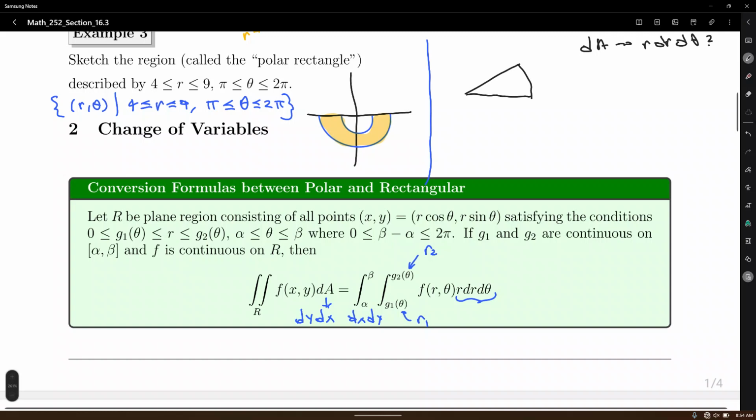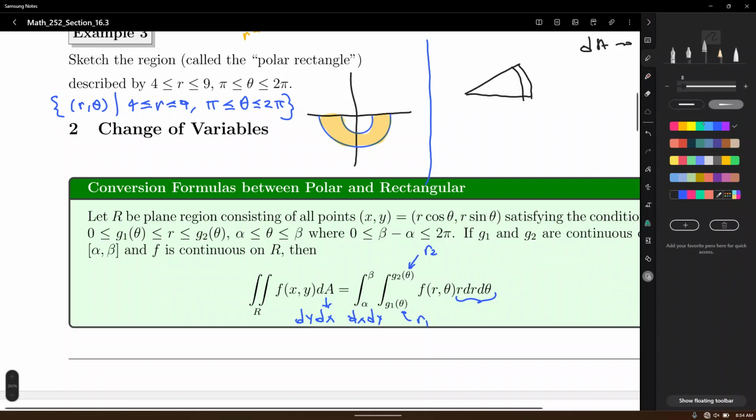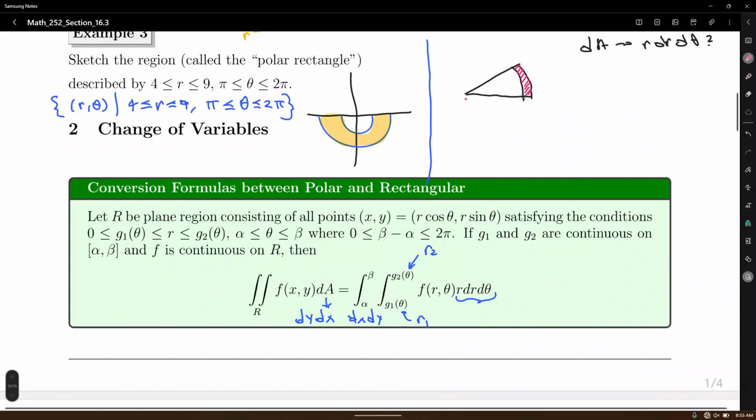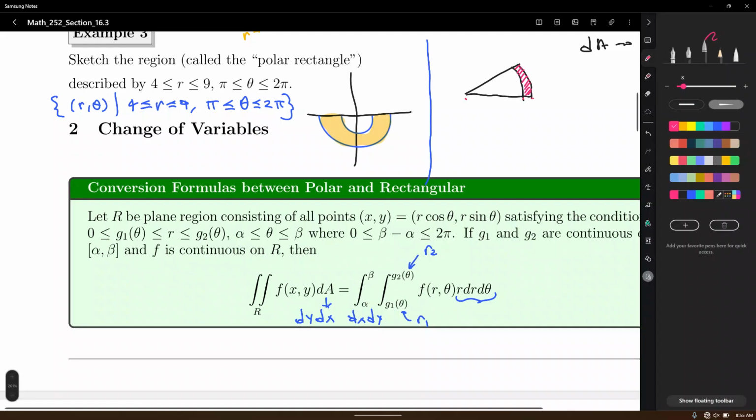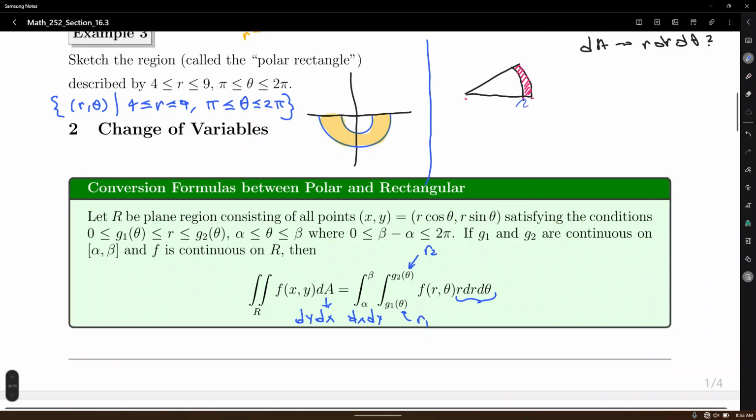Well, it's all about the deltas, right? So in this case, let's take one piece of this sector. This is the origin, if you will, and these are different radii. Let's call them R1 and R2.